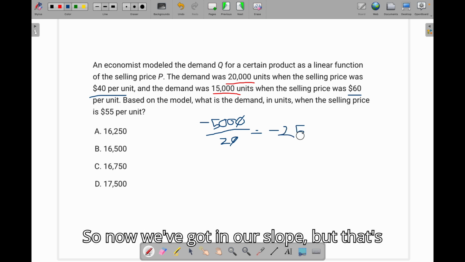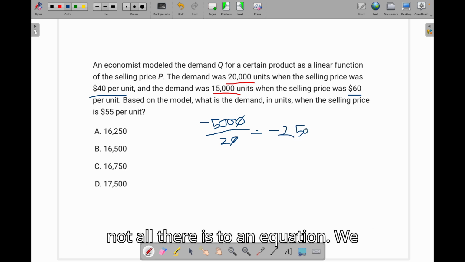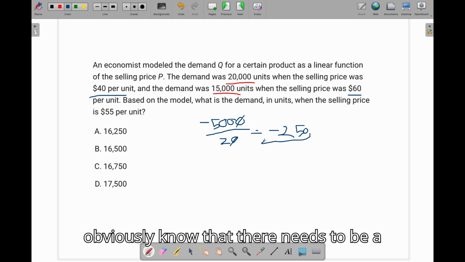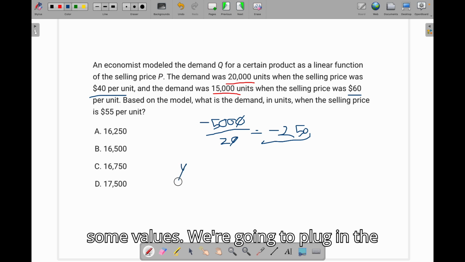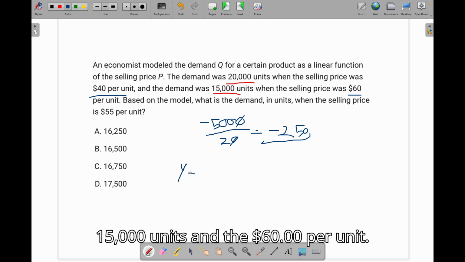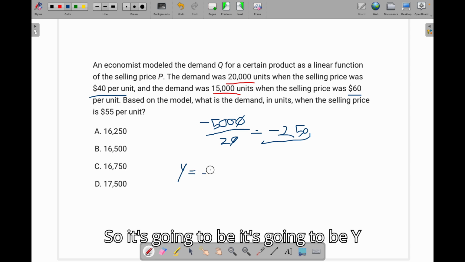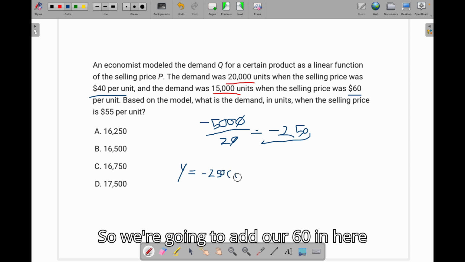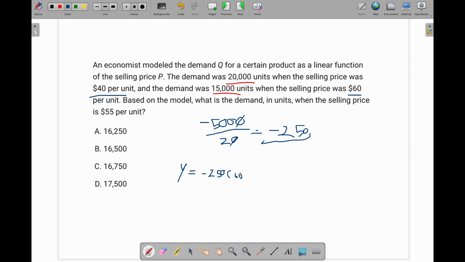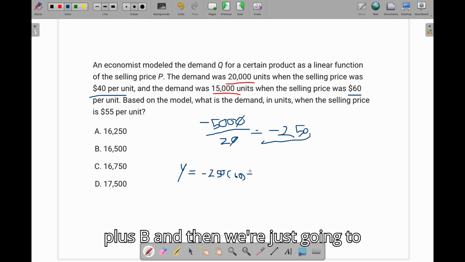So now we've gotten our slope, but that's not all there is to an equation. We obviously know that there needs to be a y-intercept. So we're going to plug in some values. We're going to plug in the 15,000 units and the $60 per unit. So it's going to be y equals negative 250 times 60. So we're going to add our 60 in here, plus b.